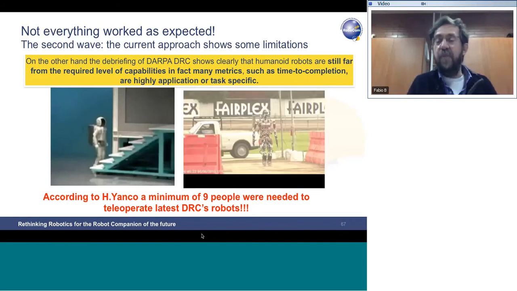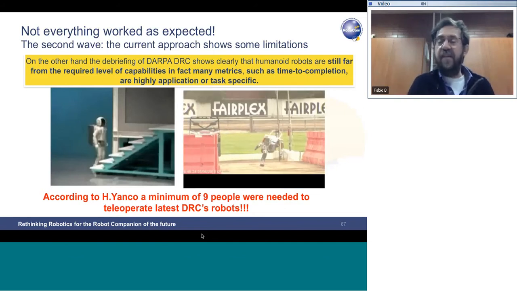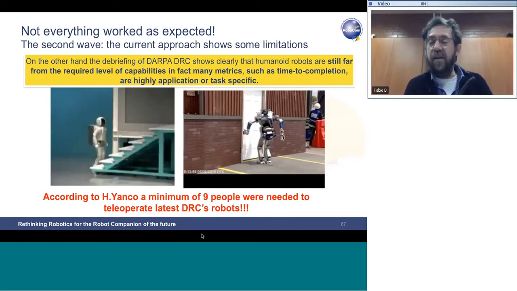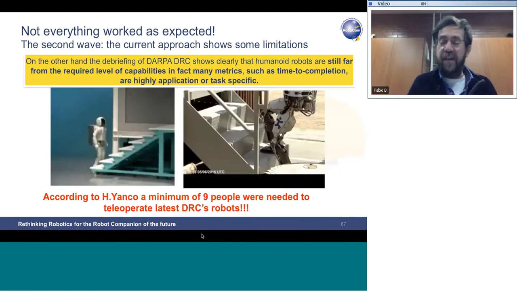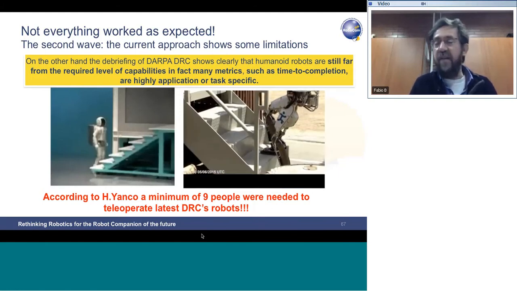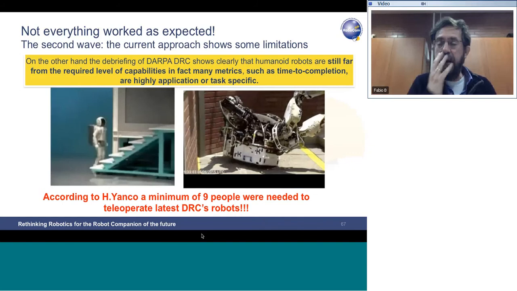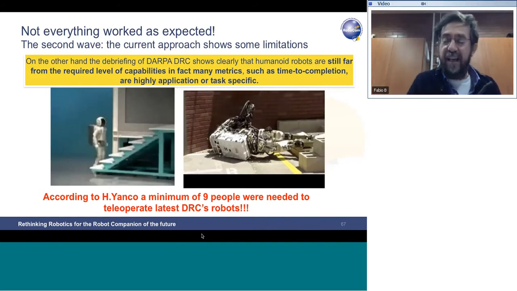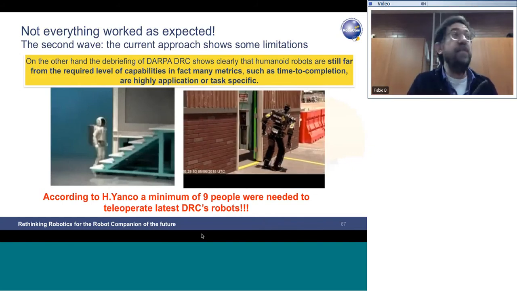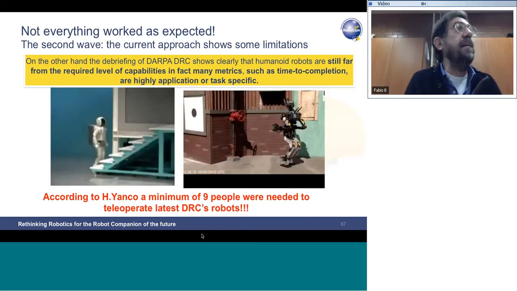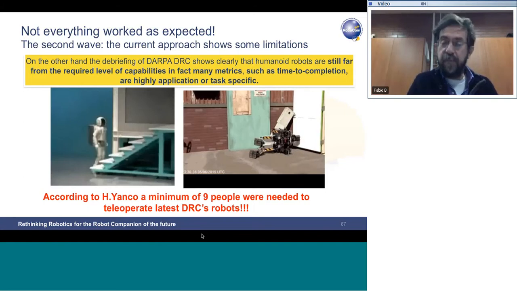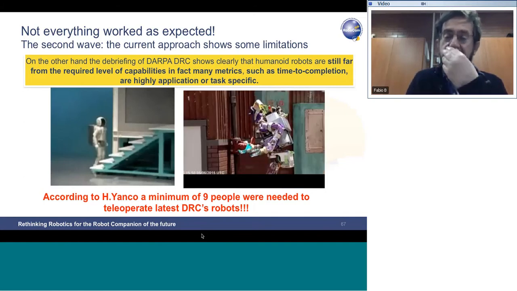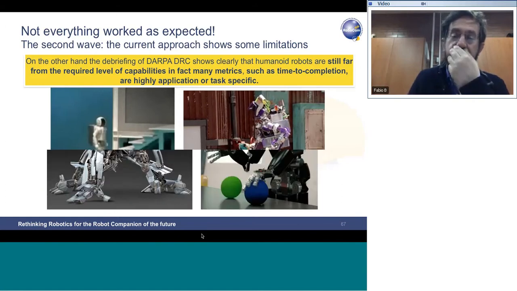Among other data, they collected how many people were working to teleoperate the robots during the challenge, and the average is slightly above 10, and the results are not as good as expected.